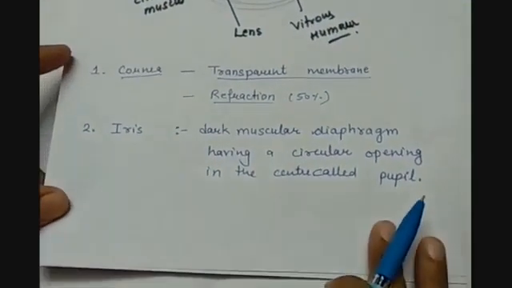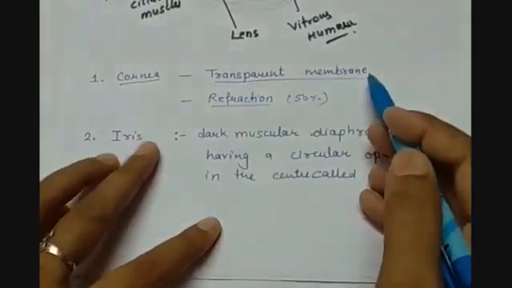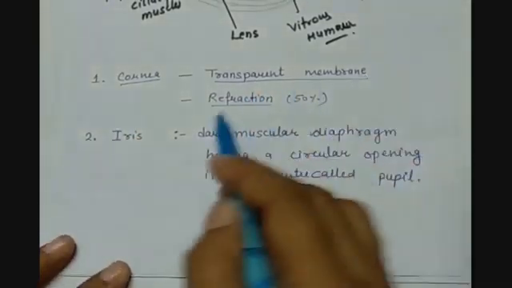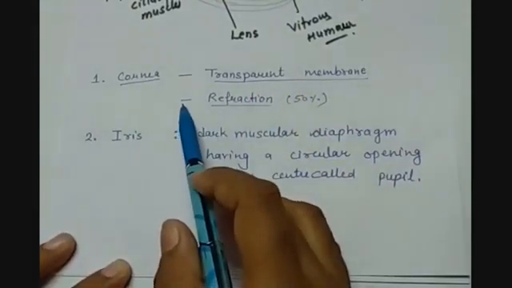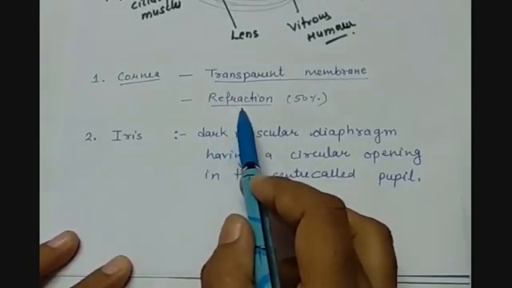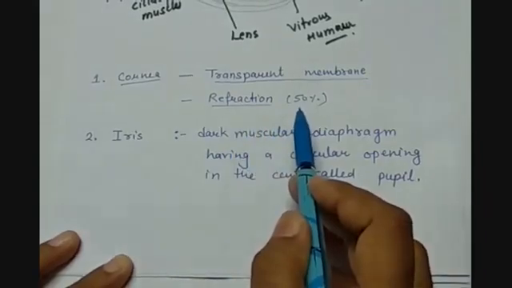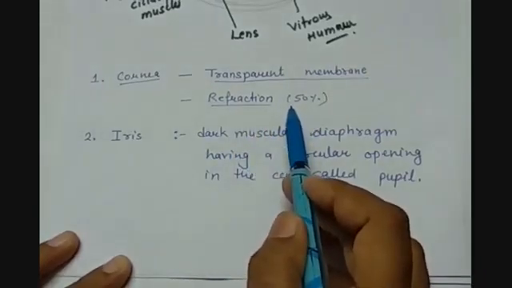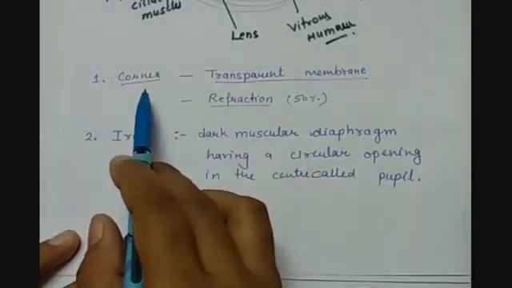So cornea is the transparent membrane from where the light enters into the eye, and almost all the refraction, 50% of the refraction of light or convergence of light takes place at cornea.